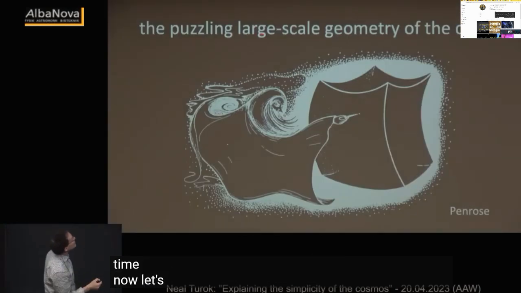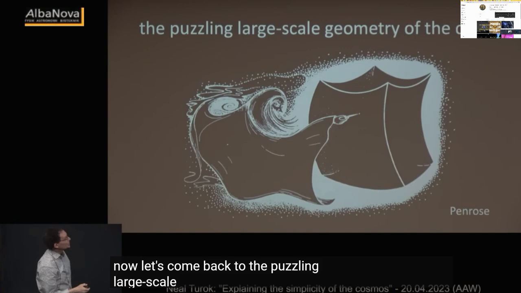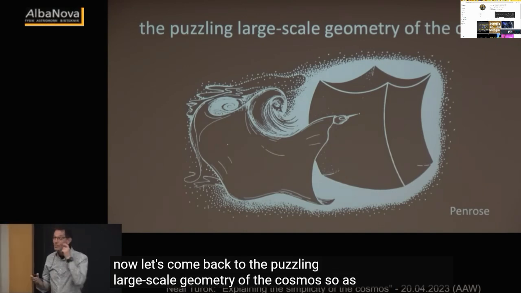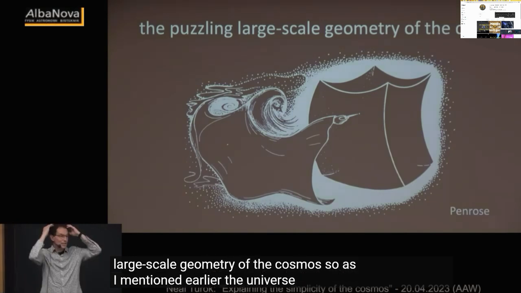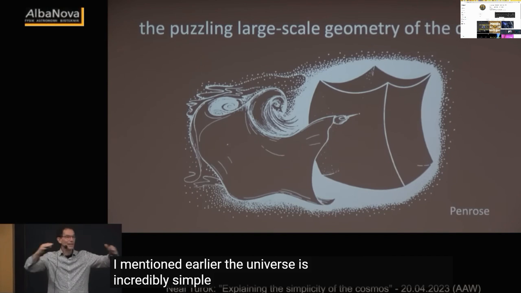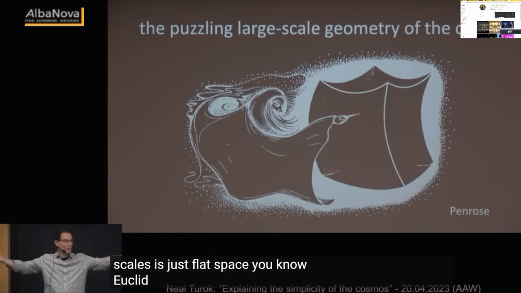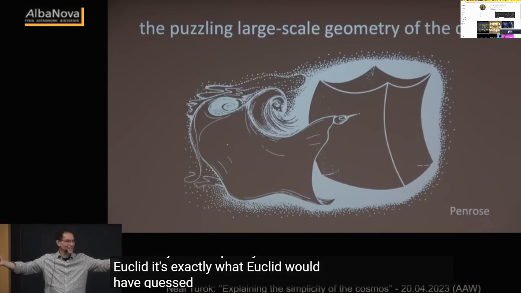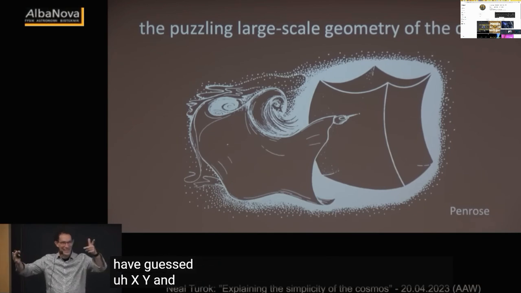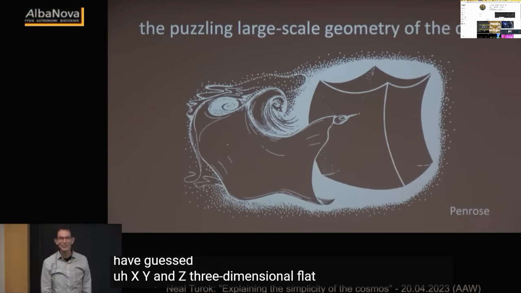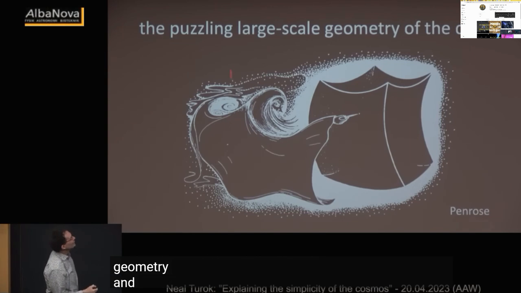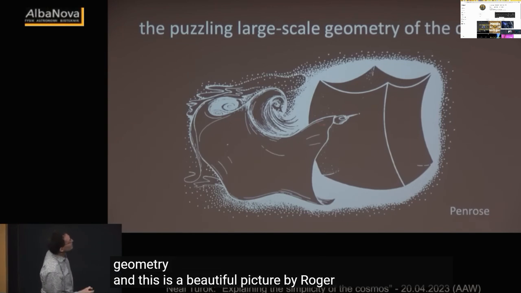Now, let's come back to the puzzling large-scale geometry of the cosmos. As I mentioned earlier, the universe is incredibly simple. The geometry of the universe on large scales is just flat space. You know, Euclid, it's exactly what Euclid would have guessed. X, Y, and Z, three-dimensional flat geometry. And this is a beautiful picture by Roger Penrose.